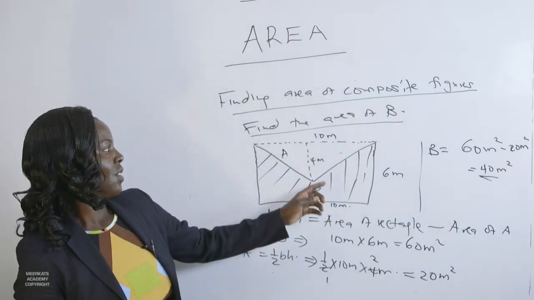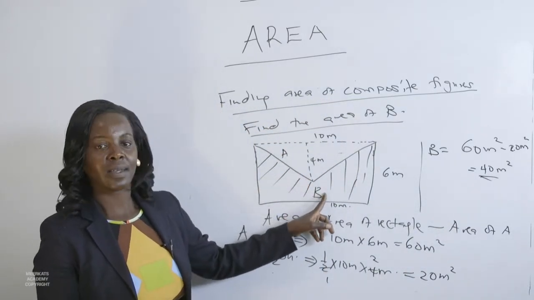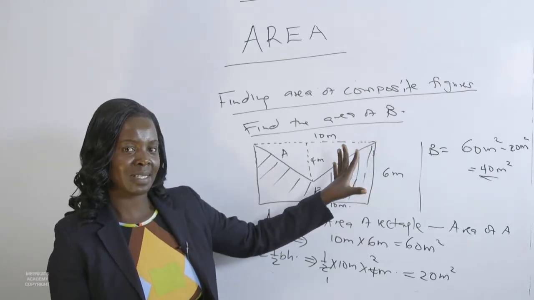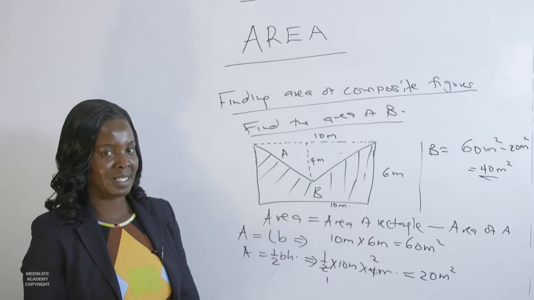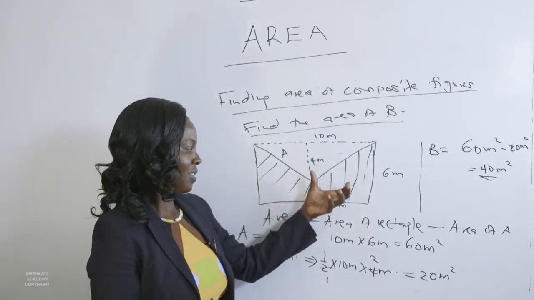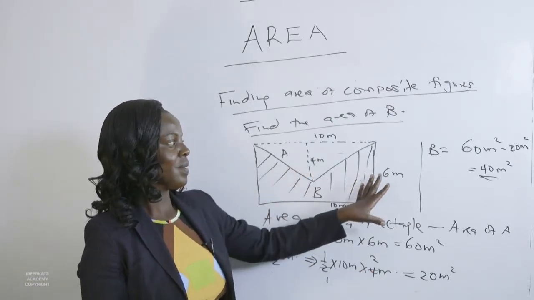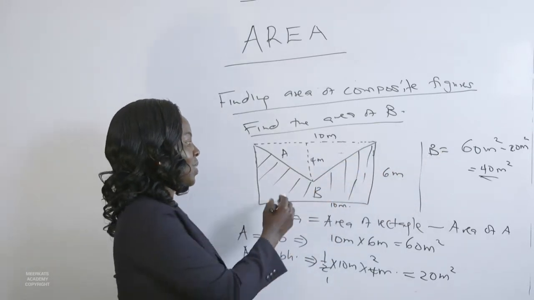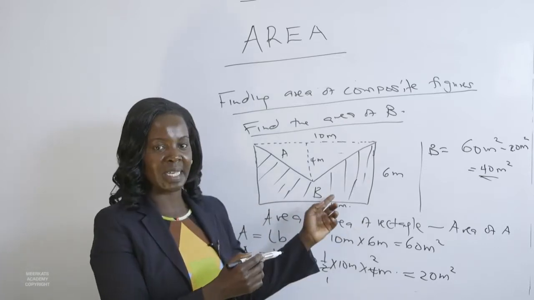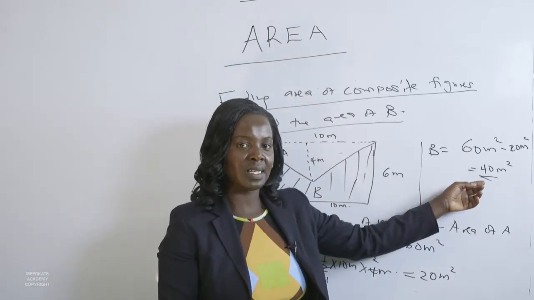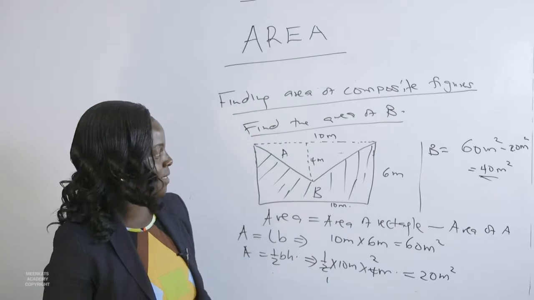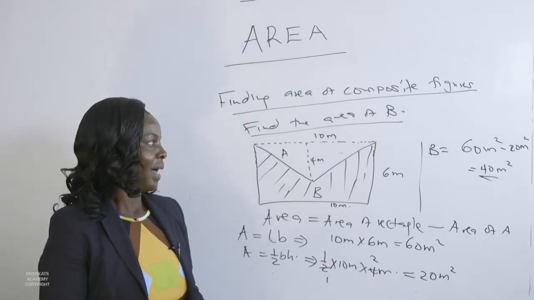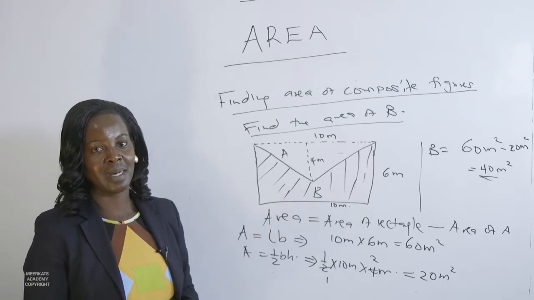So the area of B will be 60 square meters minus 20 square meters. We have said 60 square meters is because of the rectangle and 20 because of the triangle. When we subtract the two, we have the area of B, which is 40 square meters. That is finding the area of a composite shape by subtraction.